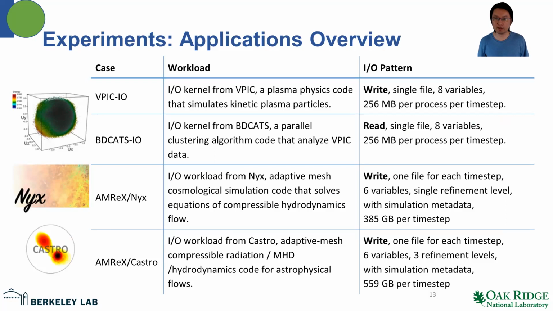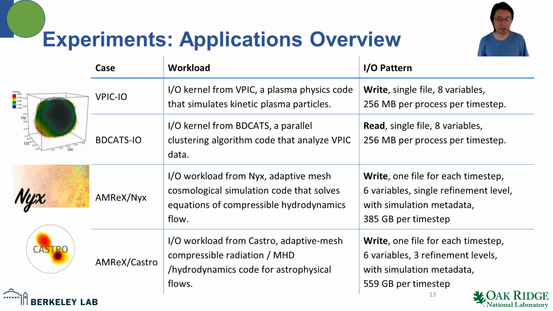VPIC-IO writes the data to a single file with 8 variables and 256 megabytes per process per time step, while BD-CATS reads the file with 8 variables and also 256 megabytes per process.